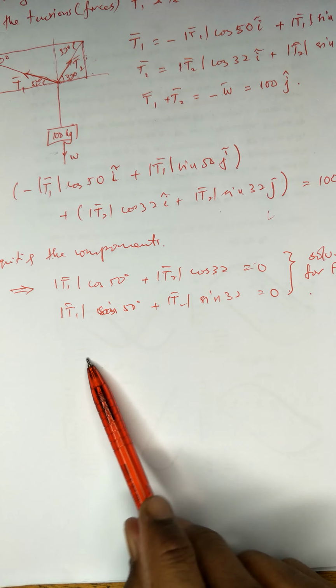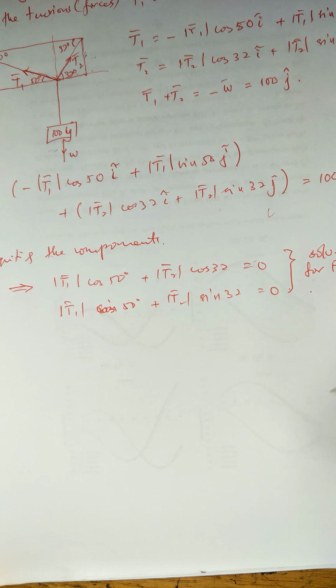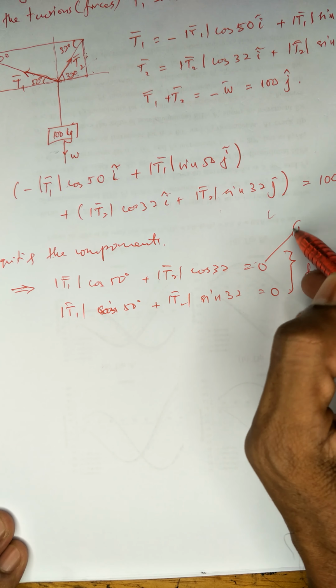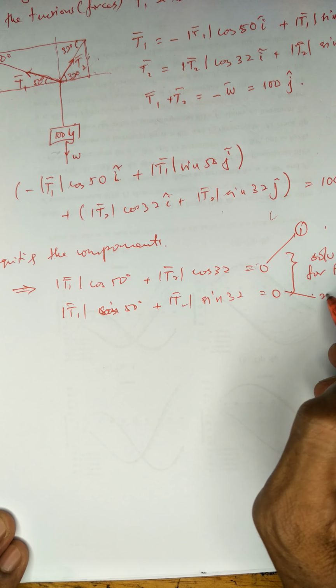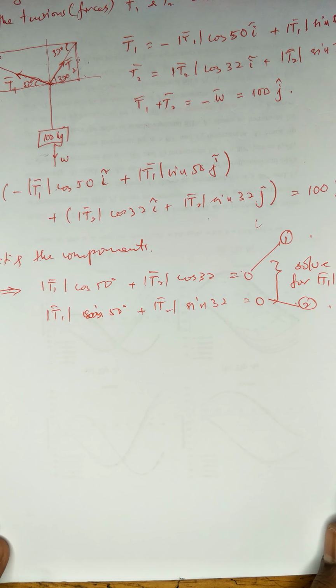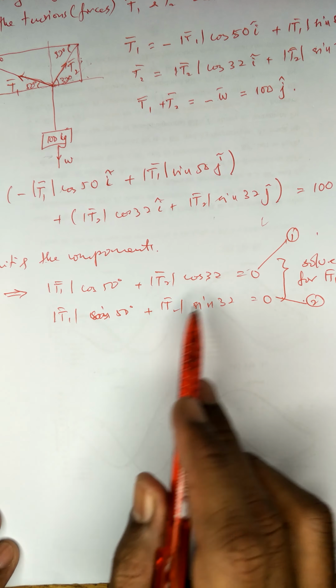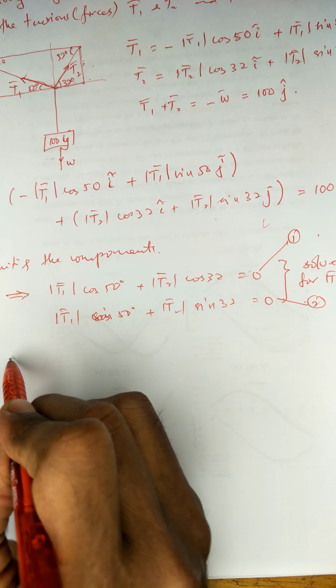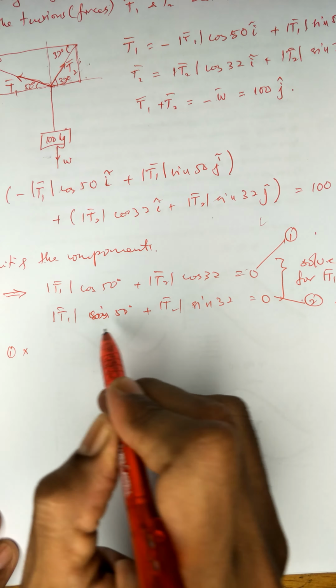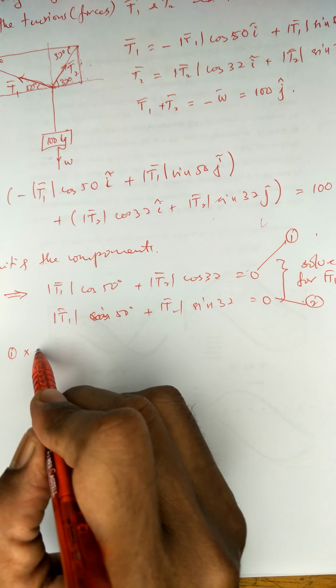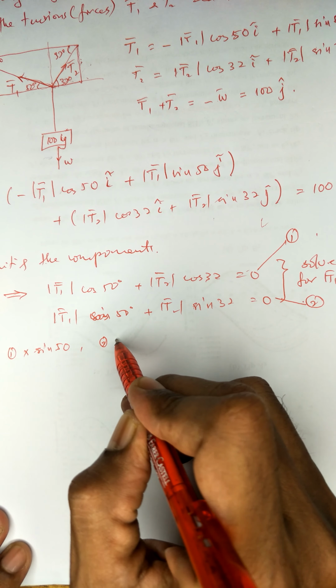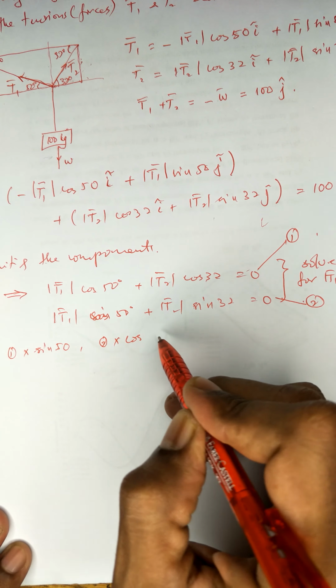Okay, so let's say this is equation 1, that's equation 2. You can multiply equation 1 with sin 50, and multiply equation 2 with cos 50.